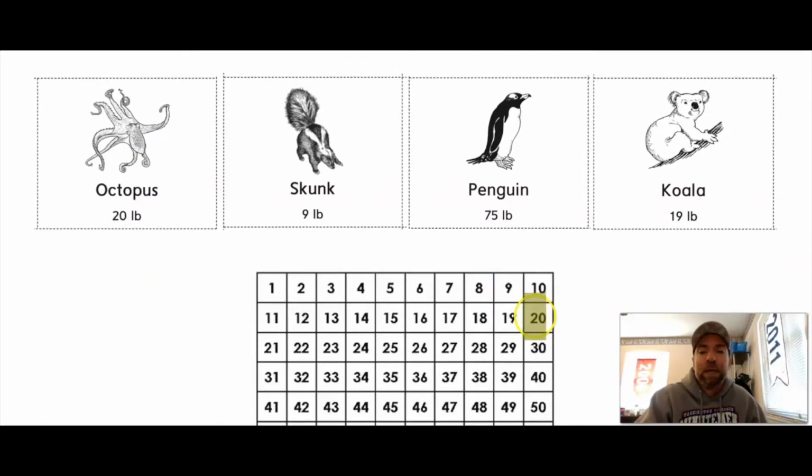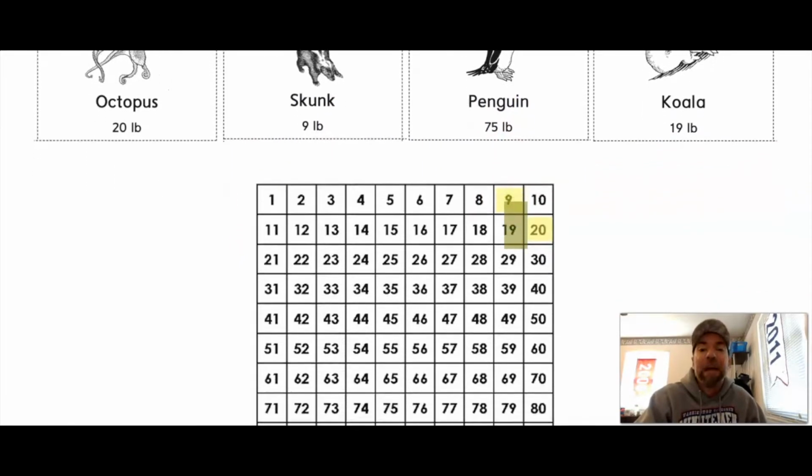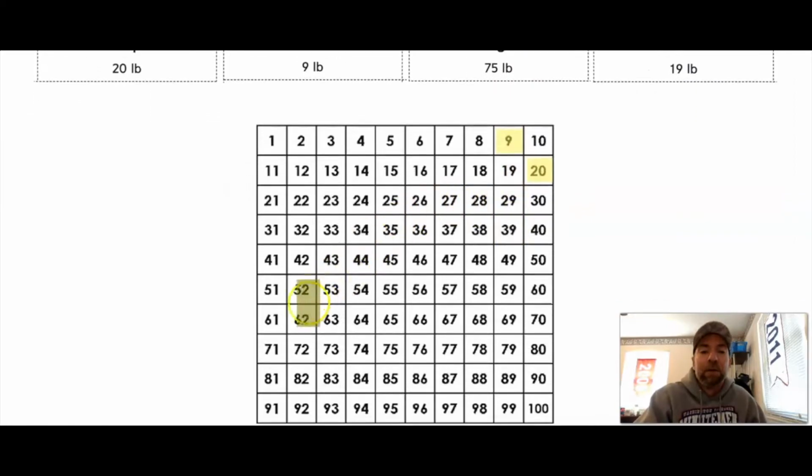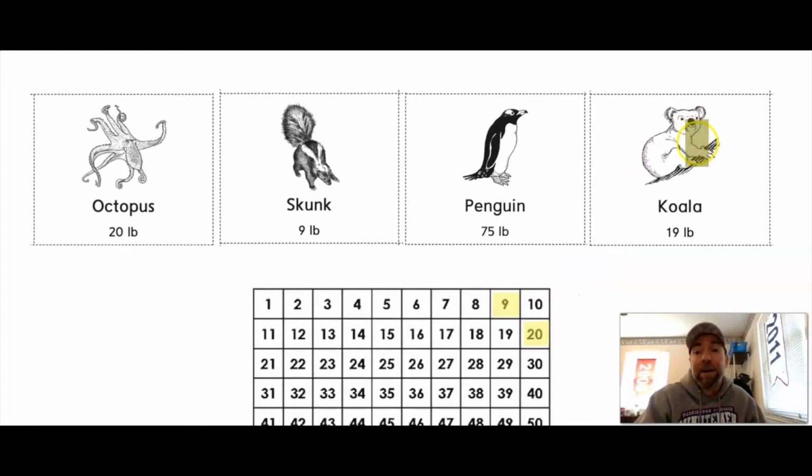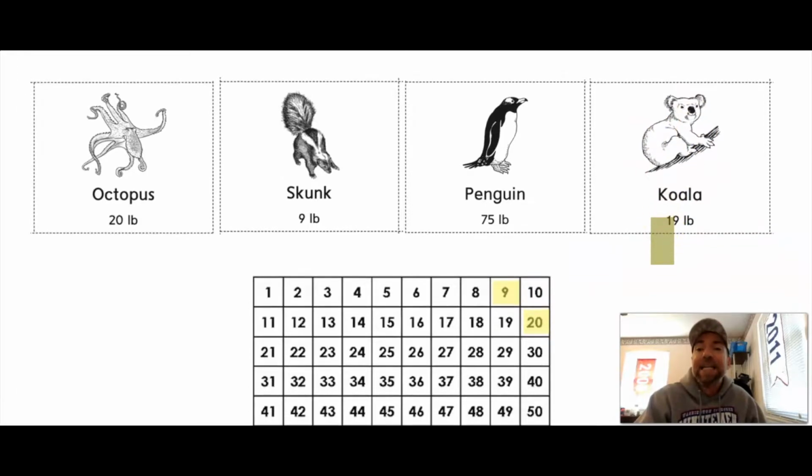Oh, here's the 20. The skunk weighs 9 pounds. Here's the skunk. The penguin weighs 75 pounds. I'm going to look for my 70s. 75 pounds? And the koala bear weighs 19 pounds.